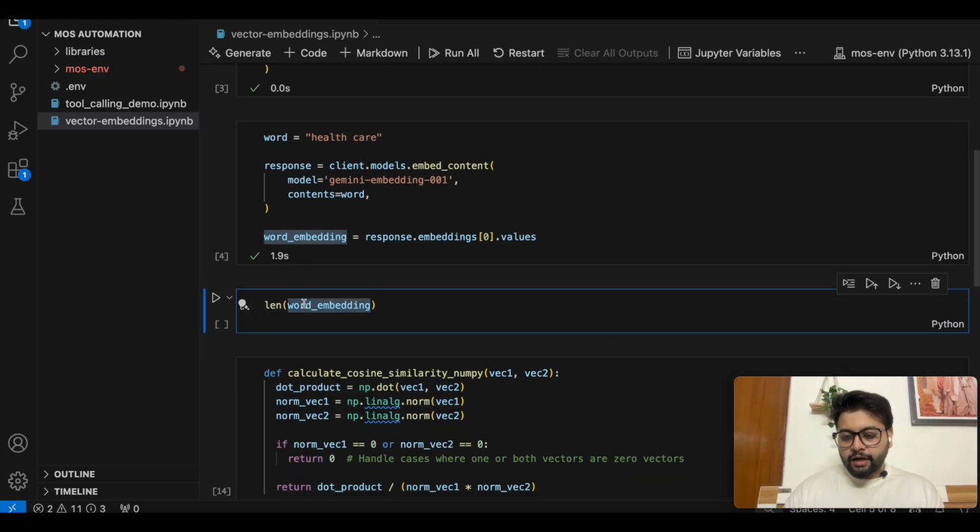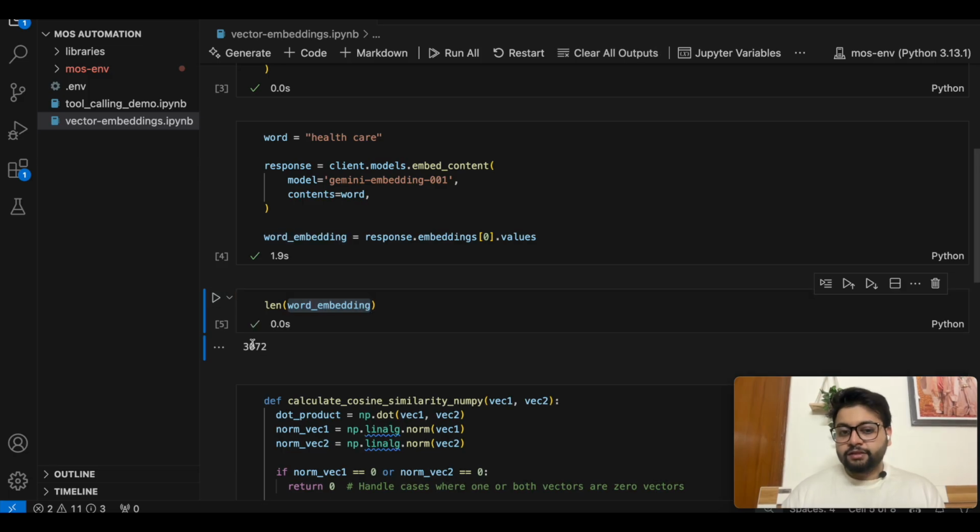The first thing we can do is check the length of the vector embedding which we have received. If I run this, the length is 3072. We discussed at the start that the number of real numbers present in the vector embedding is equivalent to the dimension of your embedding model.